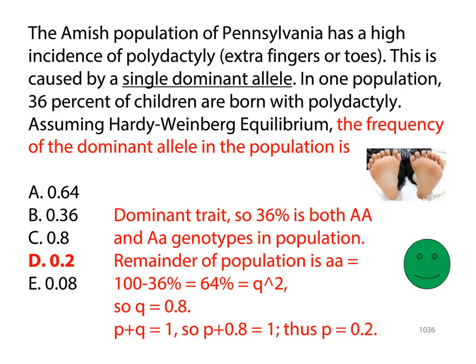If you assume Hardy-Weinberg, that means 64% is equal to little q squared. The square root of that is 0.8. We've said before that if everything goes the way it's supposed to, little p plus little q is equal to 1. Therefore, little p is going to be 1 minus 0.8, which is 0.2.